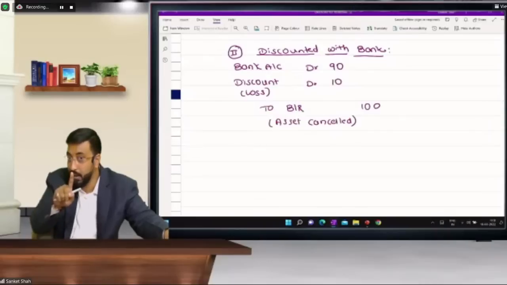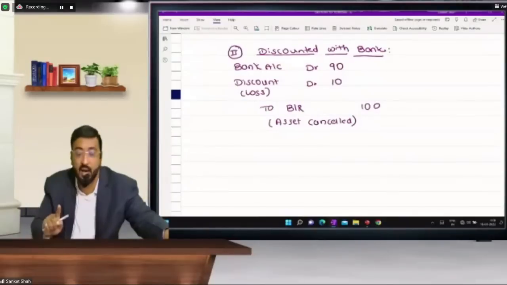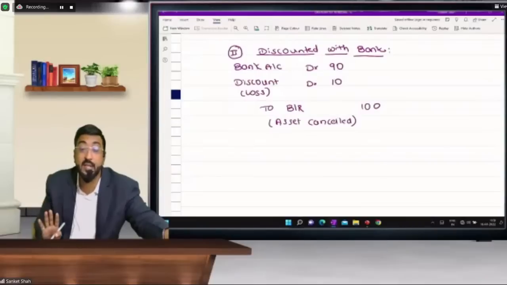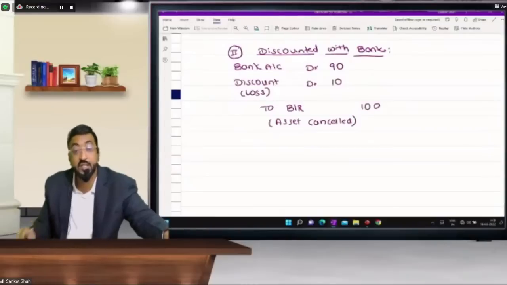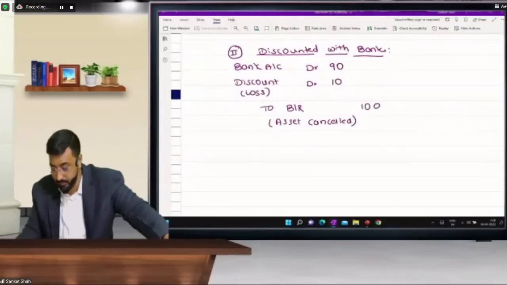But remember, this is a personal account. Bills receivable and bills payable are personal accounts. But for simplicity, comes in, goes out. Only for logical purpose I am giving you bills as a real account. But in real life, bills receivable is a personal account. Bill of exchange is a personal account. Remember.